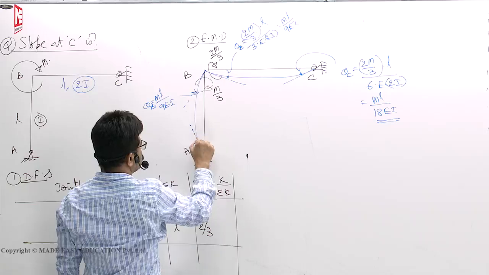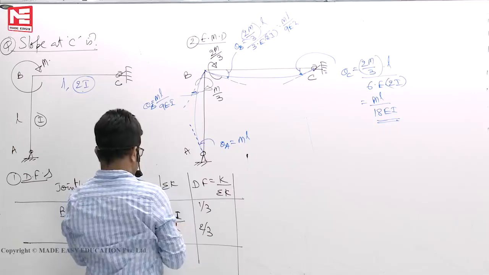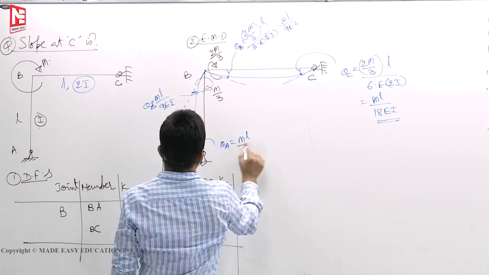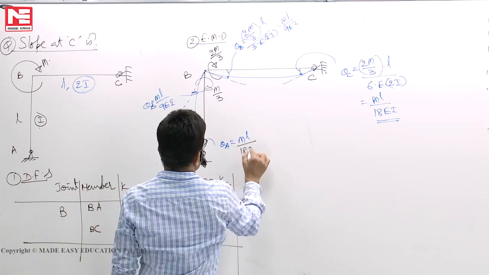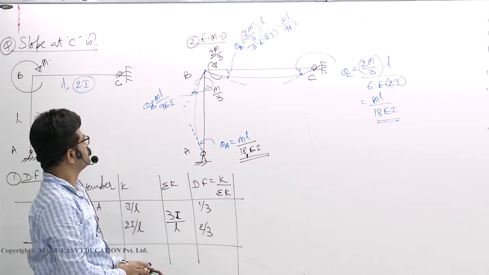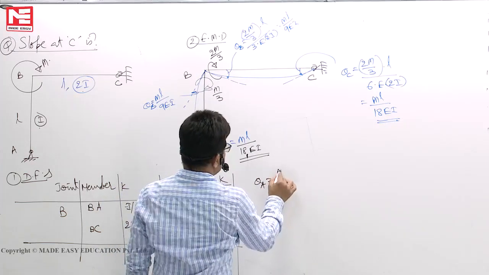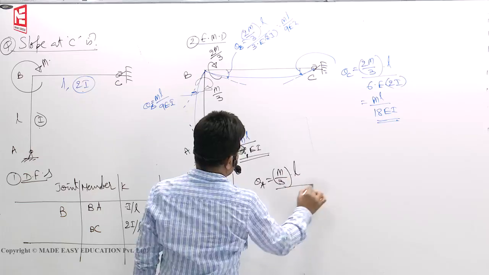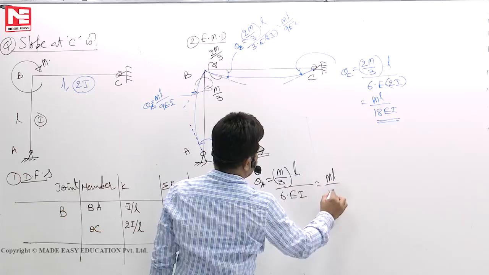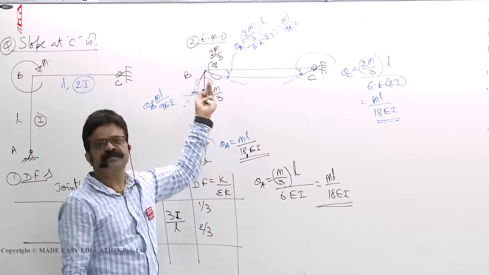Then half of that is carried over here for theta A, ML by 9 means ML by 18EI. So if you want theta A, M means M by 3, the far end is 6EI, so ML by 18EI. They can ask you theta C or theta A or theta B, anything.